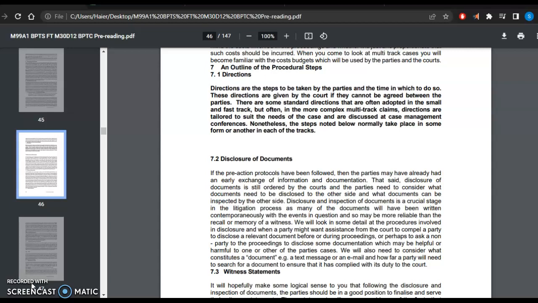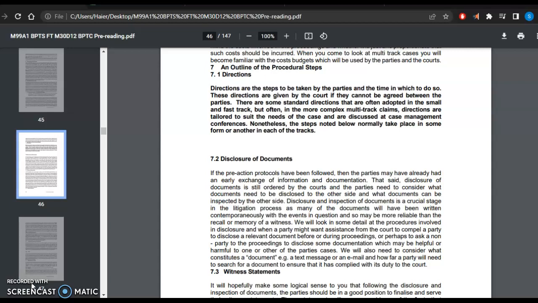appropriately. So the first direction that has to be followed is the disclosure of documents. If the pre-action protocols have been followed, and we have seen that pre-action protocols are the most important part of a civil litigation case, because if pre-action protocols have been followed, then most of the pre-trial work has been done.